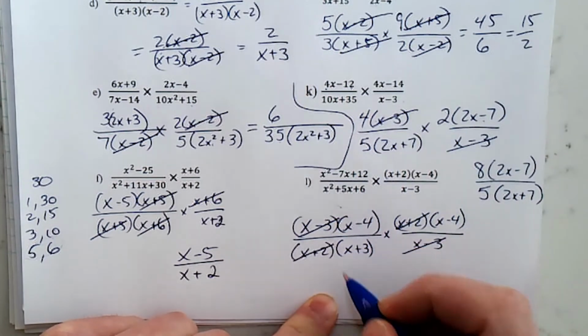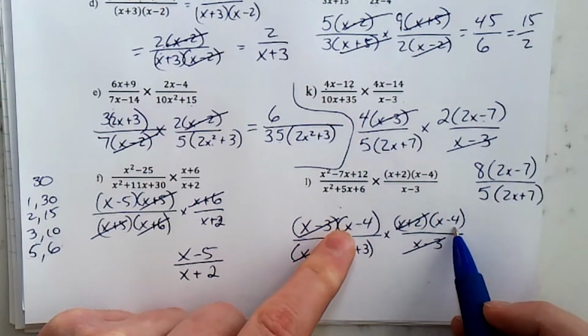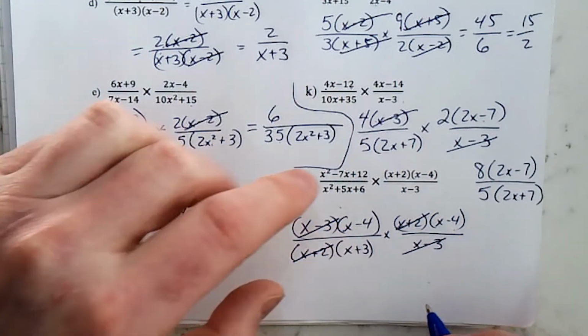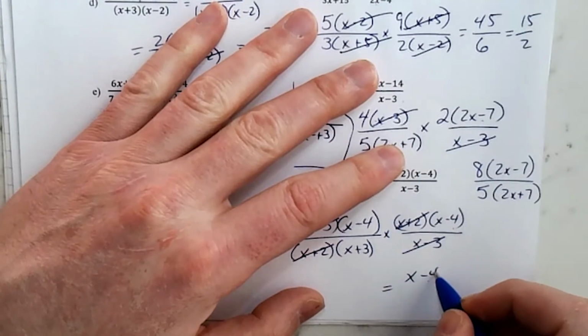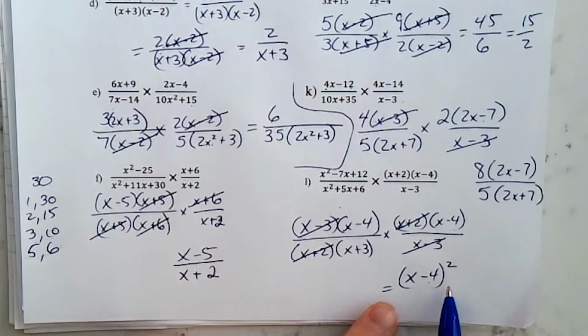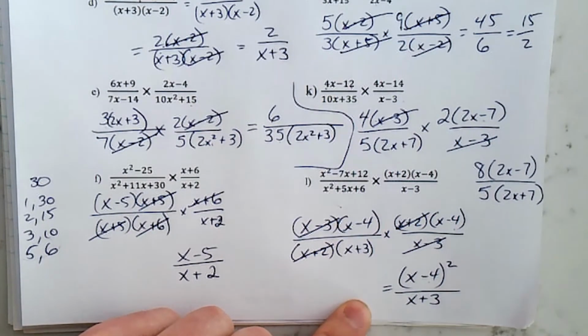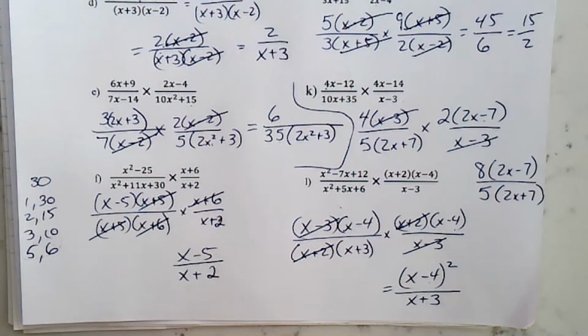X plus 2 cancels. The x minus 4s, they're duplicates, but they're both on top. So I can't cancel them. So I have two of them, or you can write it twice. X plus 3 on bottom. So factor, factor, factor. Always separate monomials from binomials. Then cancel.